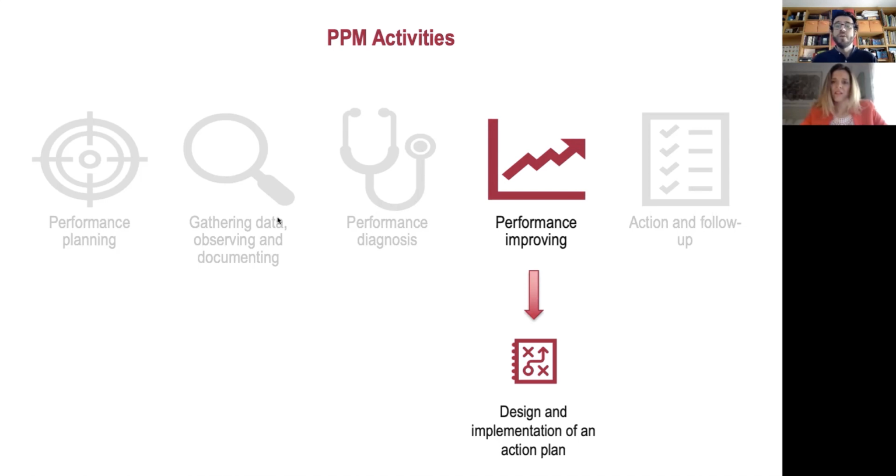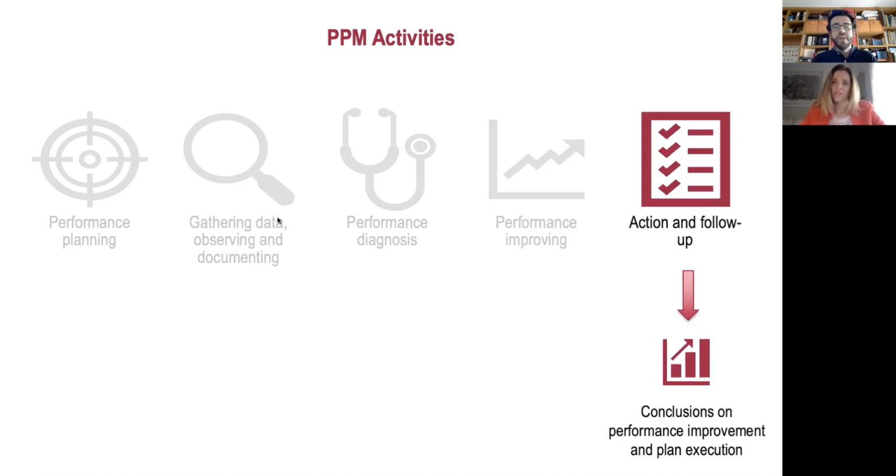For instance, we may want to redesign a part of the process to use resources more efficiently or to implement a new information system to improve the support of the process. Finally, in the action and follow-up activity, we actually execute the improved process, and we also assess whether the action plan defined in the previous activity is being followed or not.